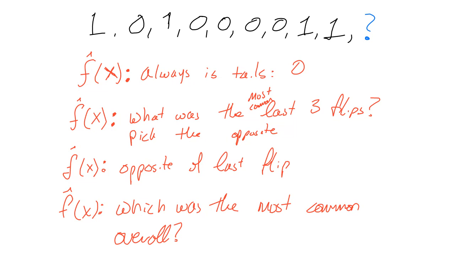Okay, so if we do this, the first estimator, the first functional form, has a pretty good score. It gets 5 out of 9 flips right.